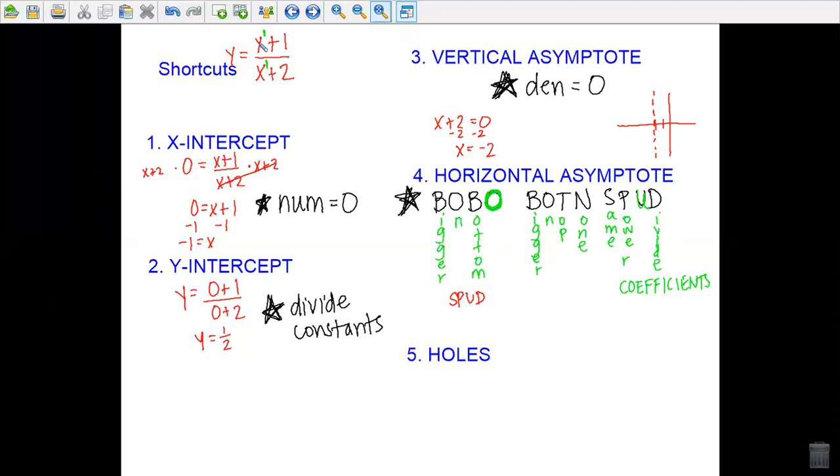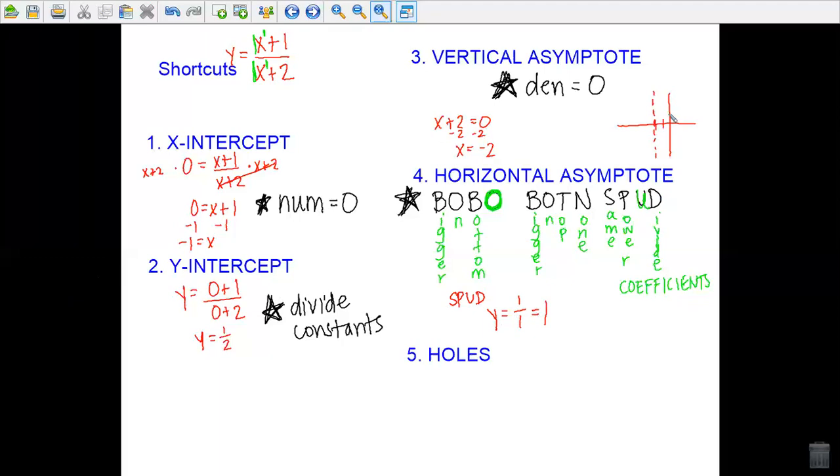In front of the x here, there's nothing, which means that it's really a 1. On the bottom, same thing, there's really a 1 in front. So my horizontal asymptote is y equals 1 over 1, which is just 1. So for this example, I have a horizontal asymptote at 1.